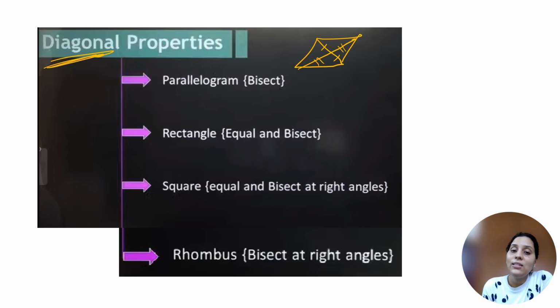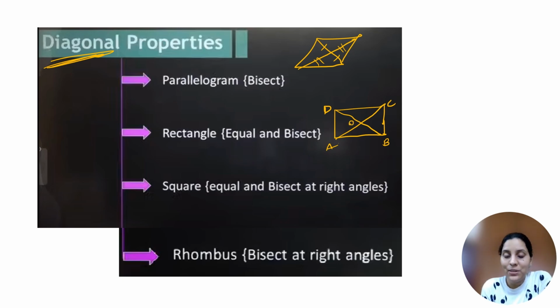In a rectangle, diagonals are equal and they bisect. So that means AC and BD are equal. At the same time, the diagonals are bisected as well: AO equal to OC, BO equal to OD. Next, the square is a special kind of quadrilateral.